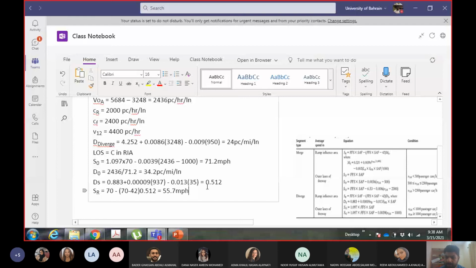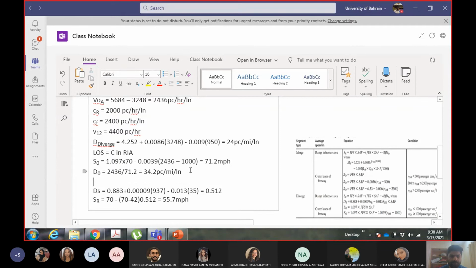So now, did I calculate the level of service for the outer lane? I did not, so I should calculate it as well. I have the density, which is 34.2.